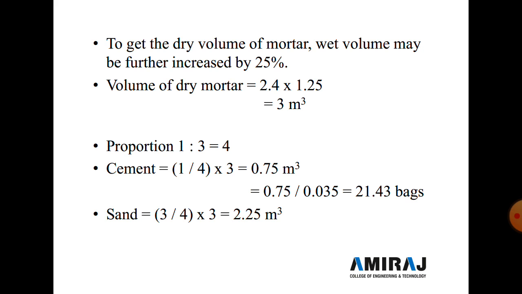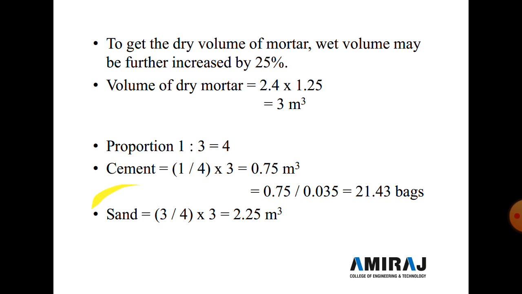So for finding out the cement, 1 divided by 4 multiplied by 3, so 0.75 meter cube. Here we got the answer in meter cube, but cement is always counted in number of bags. So 0.75 divided by 0.035, so 21.43 bags of cement is required.